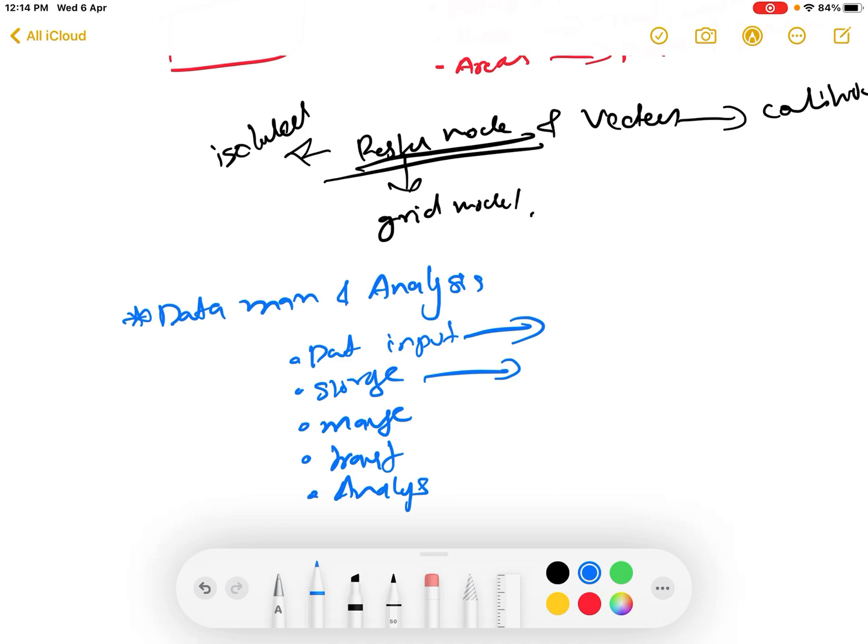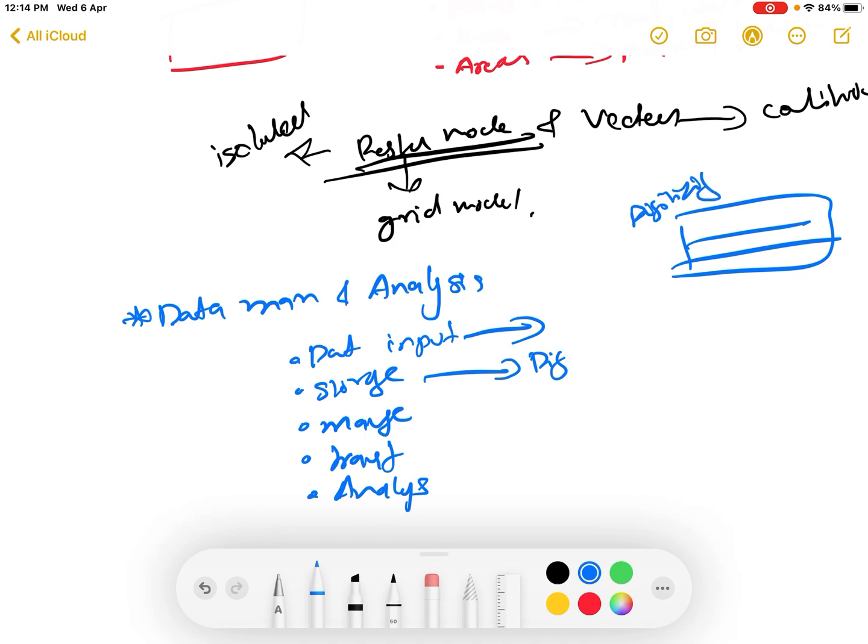In data input, we are inputting data in such a way that it is understandable to the computer, so that we have data in various formats, like maps or pictures or digital format itself or tables. This is called digitizing.